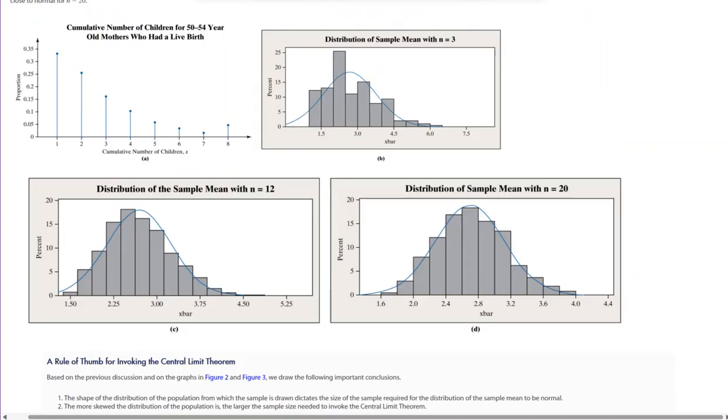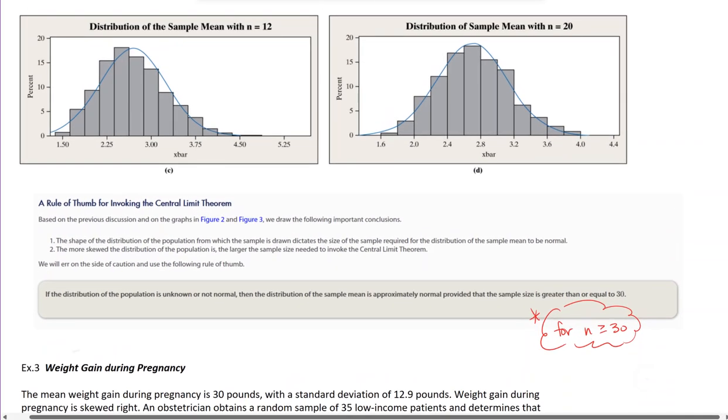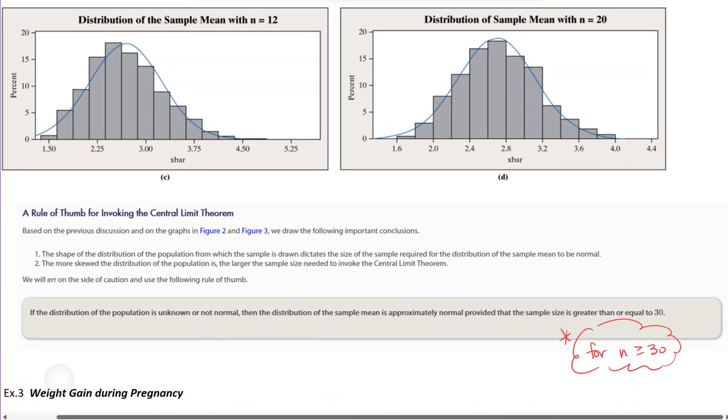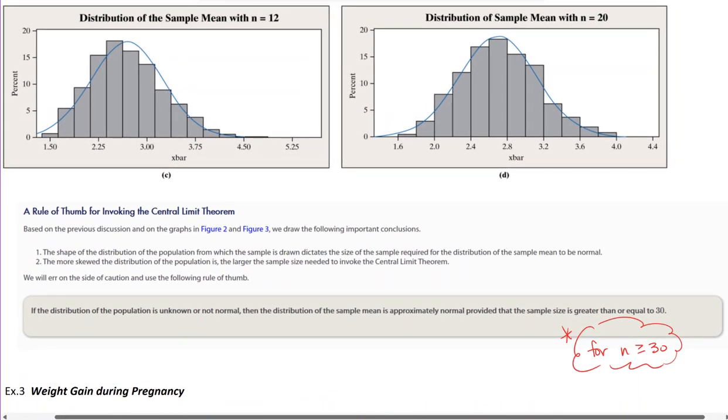So this brings us to this rule here, and this rule that we are going to identify is called the central limit theorem.